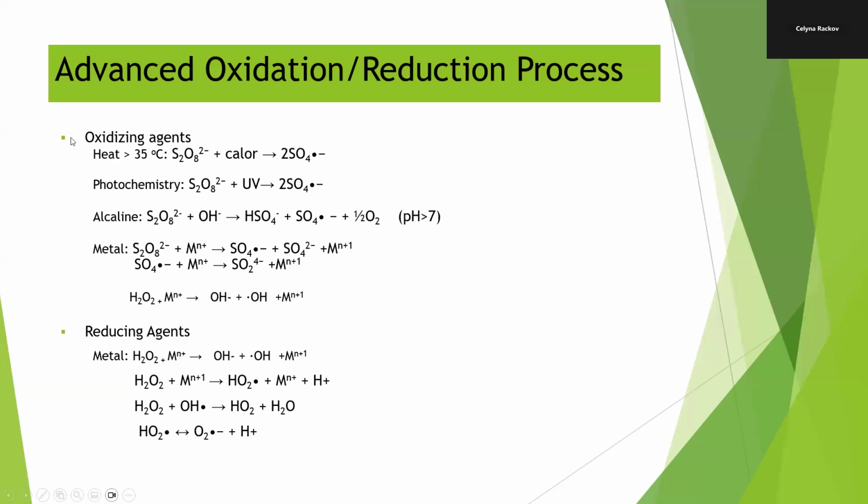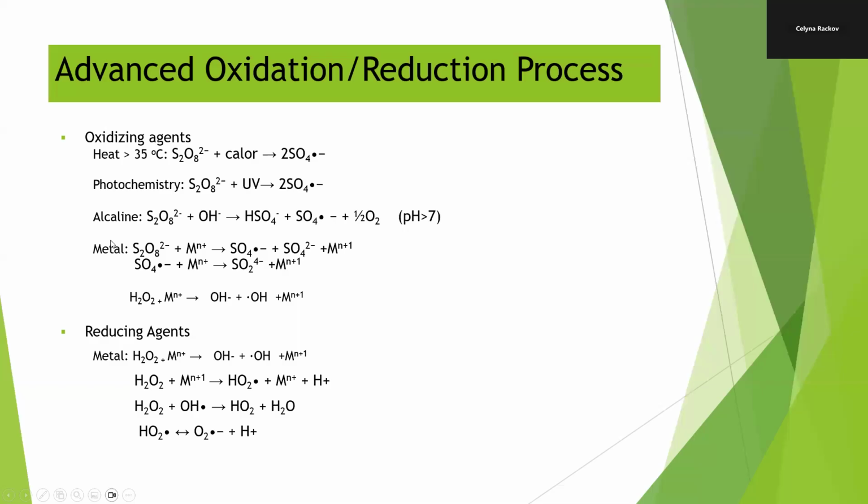For example, to make oxidizing agent radicals, one technique is using persulfate ion with heat to make the sulfate radical. Another one is to activate the persulfate using UV light to make the sulfate radicals. Another one is still persulfate in alkaline conditions.